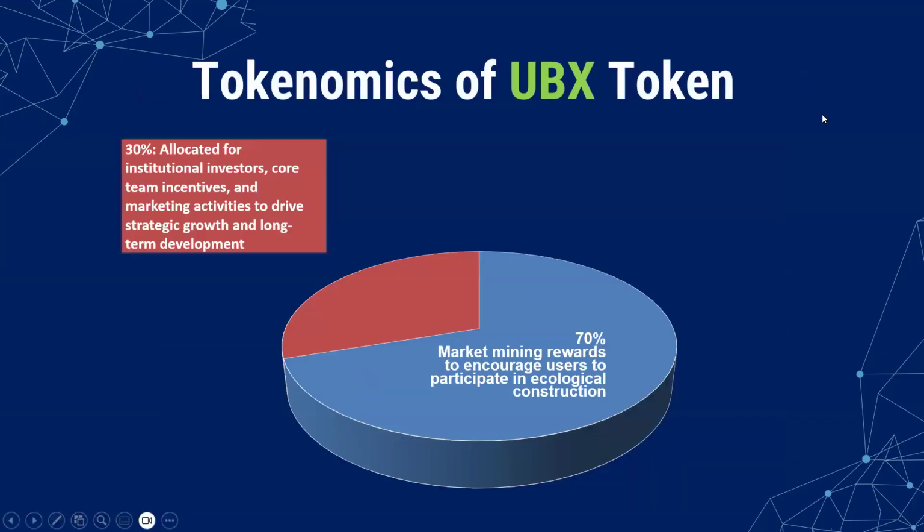For those who do not know what the UBX token is, it's the native token of our UBX exchange. If you have not seen the official information or the slides from the company, here we have a simplified version.